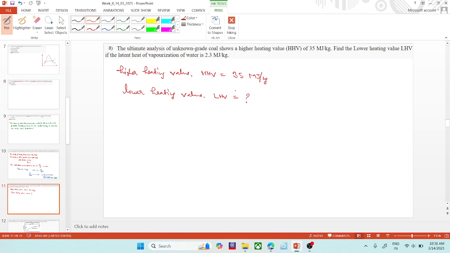The latent heat of vaporization, hfg, is provided as 2.3 megajoule per kg.